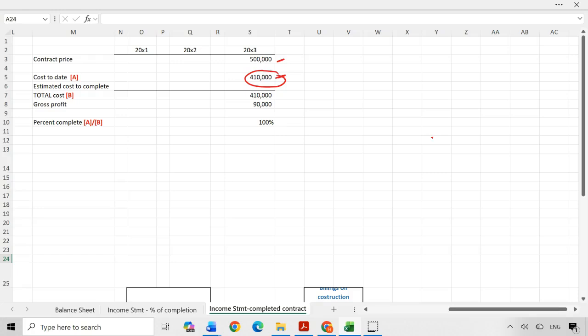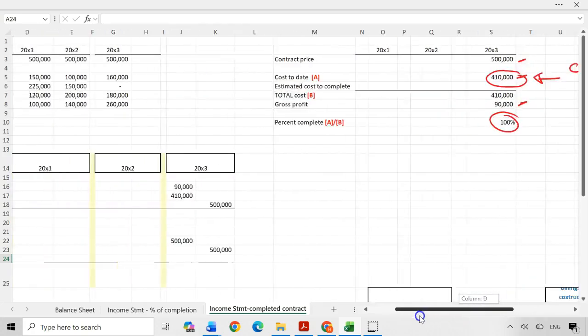We have been recording this $410,000 in our construction in progress account. And I apologize, I kept saying construction in process. It's construction in progress. And we're going to recognize $90,000 of gross profit, because 100% of our project is now complete.